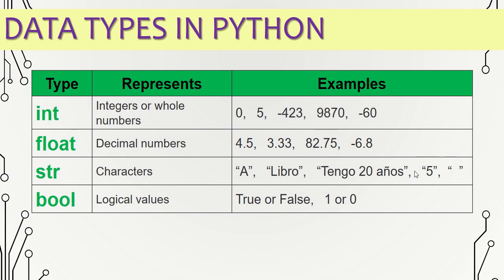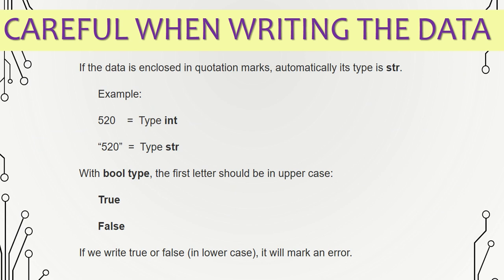We could have numbers here, but we will not be able to do any mathematical operation with them, because it's a string, it's text. Boolean, that gives us logical values, which can be true or false, or 1 or 0. If Python is using true or false, it uses it with a capital letter at the beginning of each one of those two words. That's exactly what it says here.